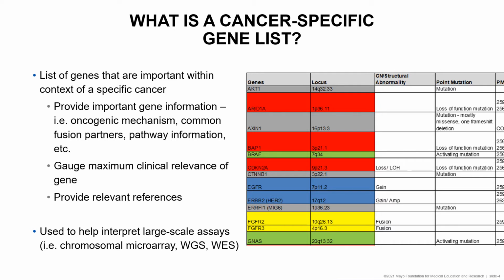And the purpose is to gauge the maximum clinical relevance of a gene. So we know which genes to focus on when we're looking at high throughput assays, like chromosomal microarray, whole genome sequencing, whole exome sequencing, large panels, and we'll also provide relevant references.